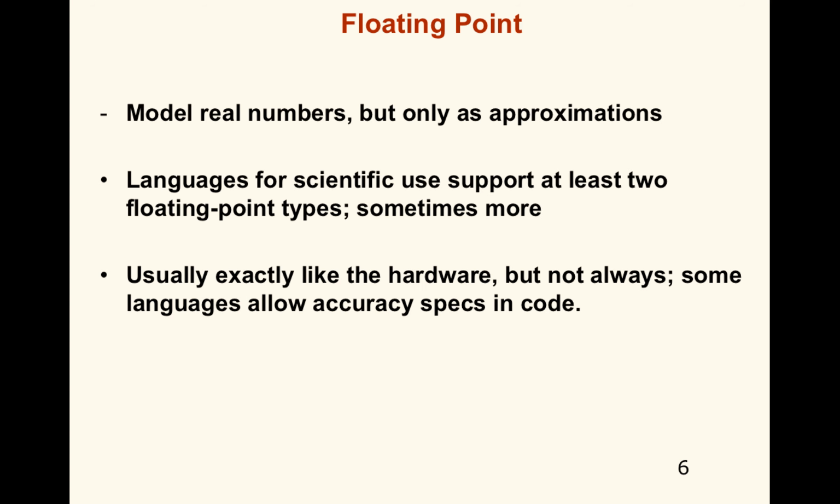So usually you have a floating point or a decimal data type. The floating point models the real numbers, but only as approximations, which means there's no rounding to any precision. It just stores as much as the memory can hold for as many digits as you get in the particular approximate value.